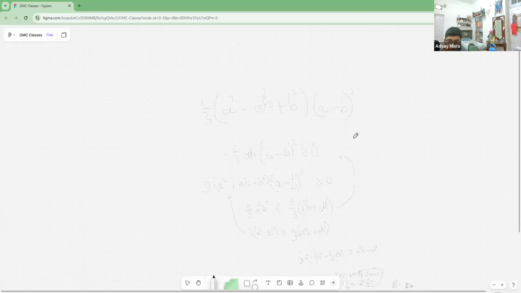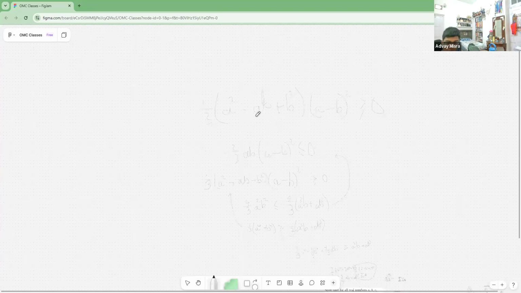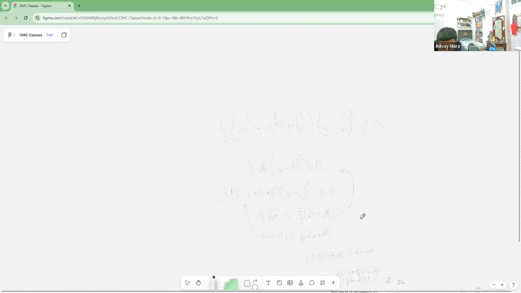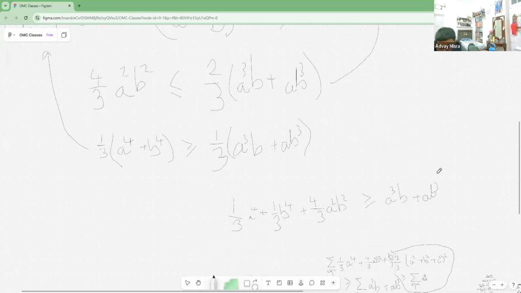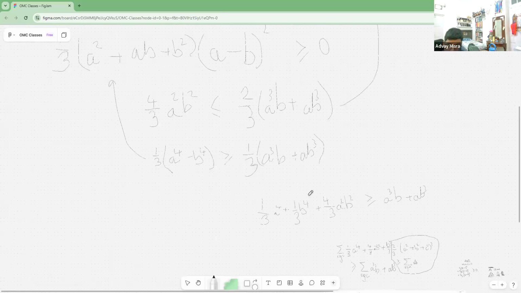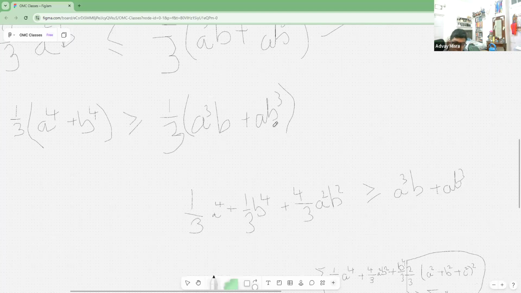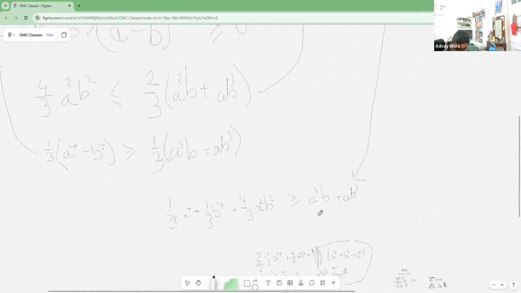And we know that this is non-negative, and because this is the sum of two things that originally summed to this, we know that this inequality also holds true, because it's just this top inequality written in a different way.